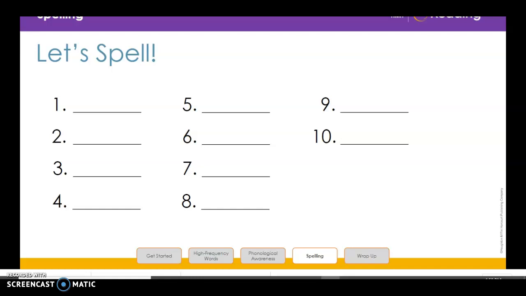Number 1, stop. The car will stop at the sign. Stop. Write all the sounds you hear. Number 2, step.